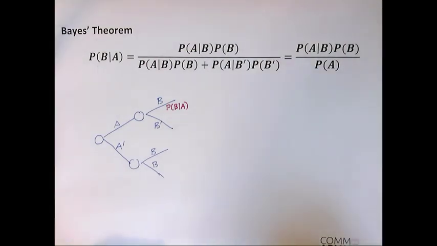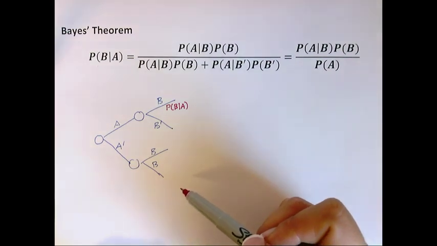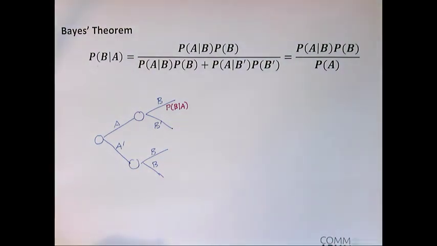This is great, but what if we're not given information in this order? What if the information that we've been given works in the other direction?